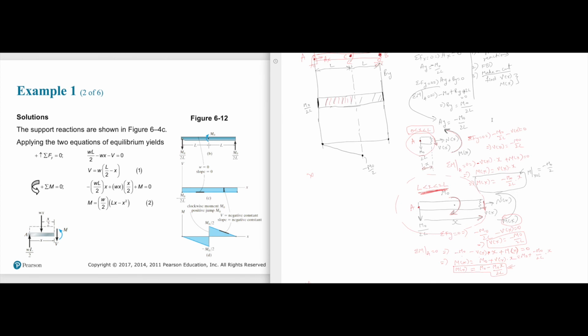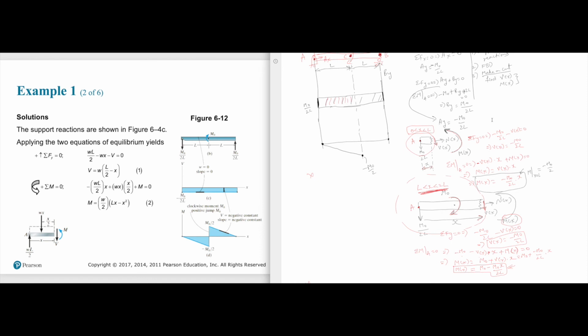I was just checking if the algebra is correct because I don't want to make any mistakes in the video. So everything that has been written here is correct.